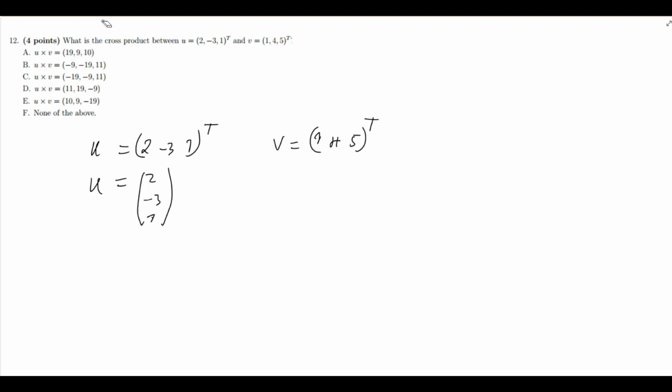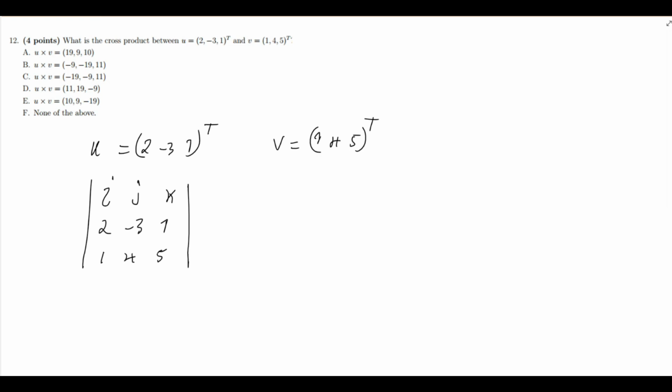To compute our cross product, we need a 3 by 3 matrix, and this matrix is supposed to be in terms of i, j and k. We know from the determinant of matrices, we start with U, so we have 2, minus 3, 1, and then 1, 4, 5.